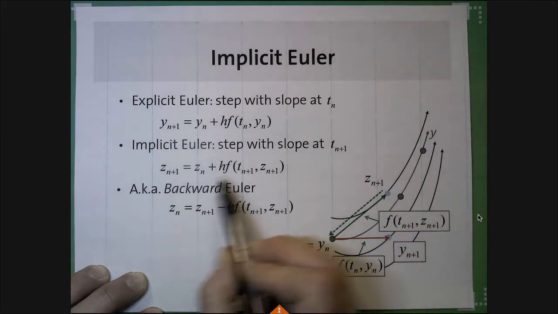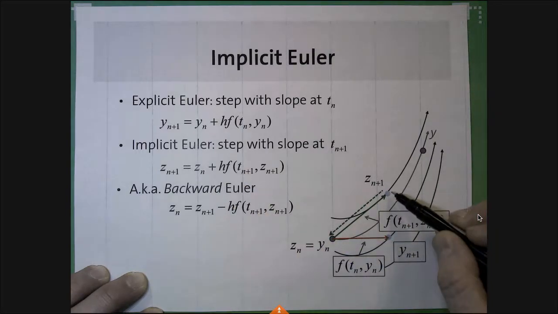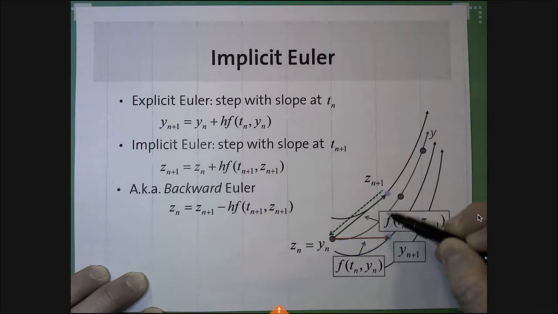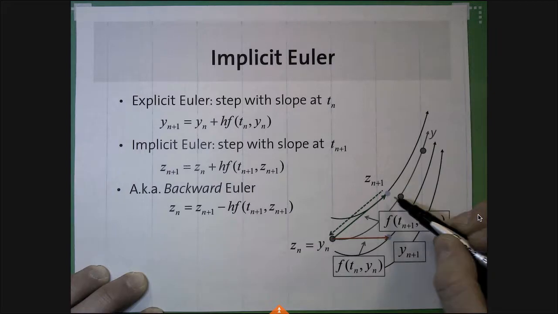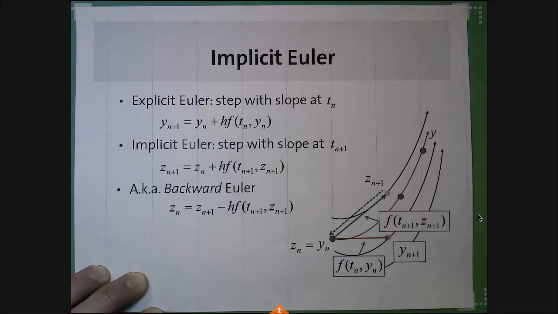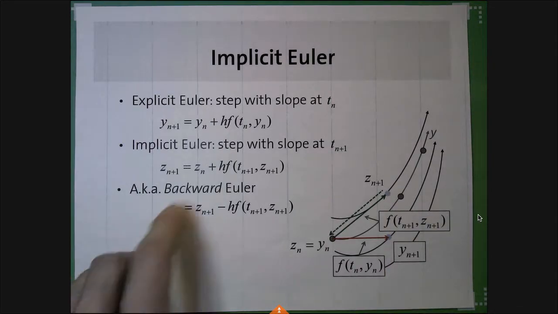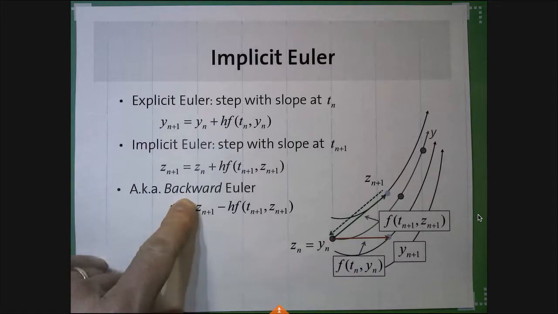What implicit Euler says is, I want to find the solution after one time step such that the step is what I would get with the slope at the end of the time step. The other name, which is also cool, is backward Euler. Backward Euler means the same as implicit Euler. Those are just two names for the same thing.